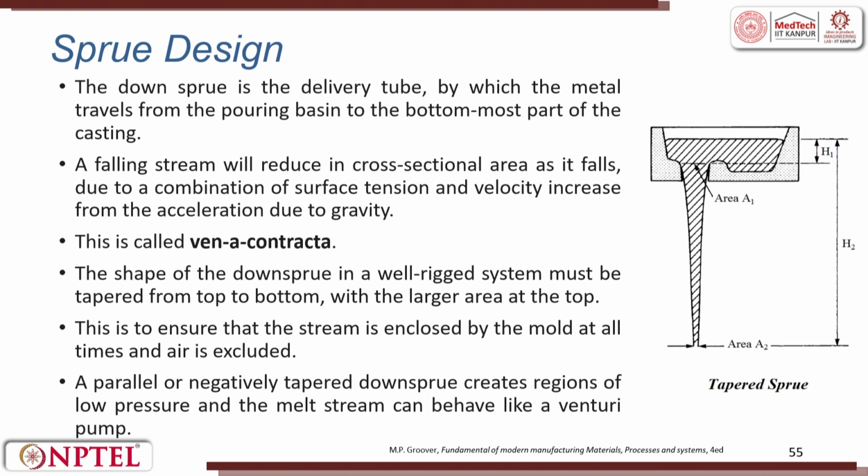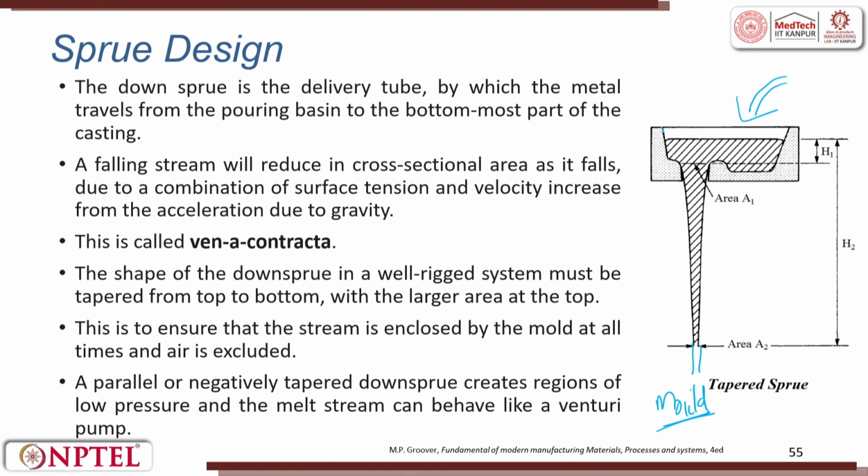As you know, when I try to pour a liquid into the sand casting to go towards the mold, I pour the hot liquid into a funnel. So, this funnel is called the sprue.